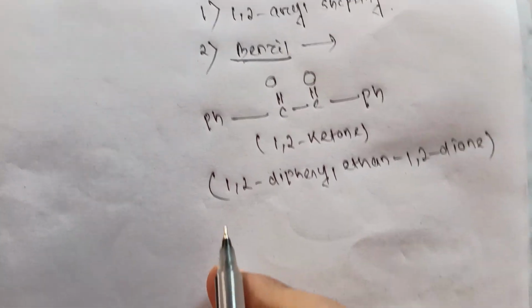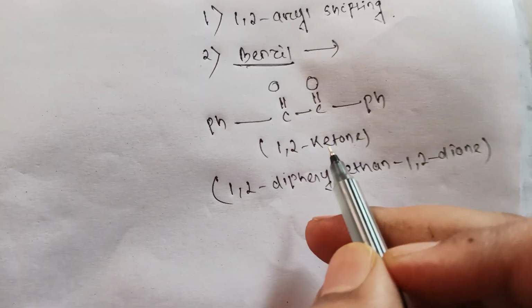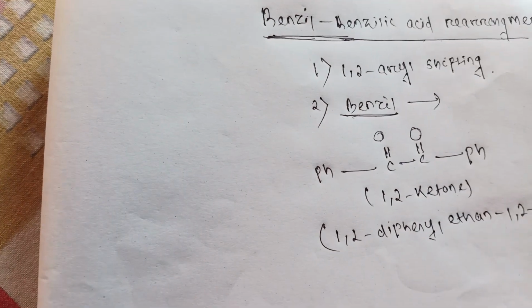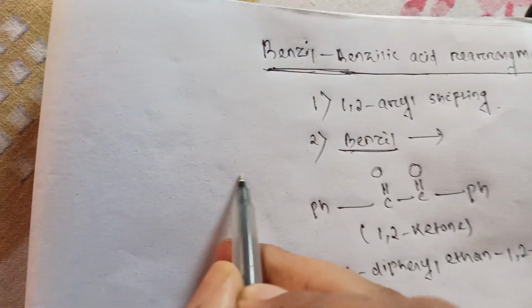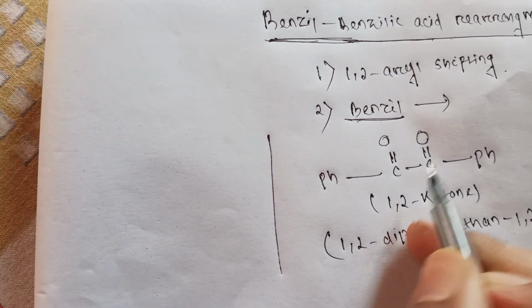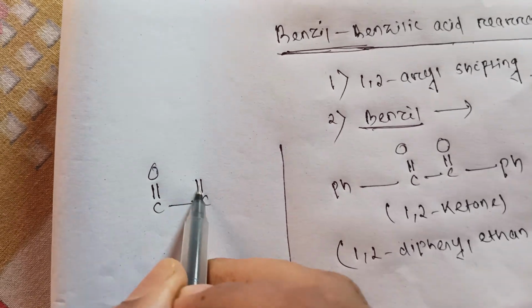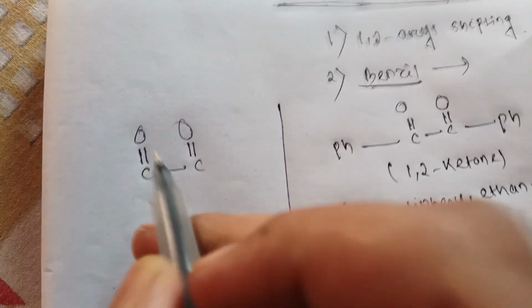Before going to benzilic acid, I have one point to tell you. Here you can see the C double bond O and C double bond O, so it is a diketone.